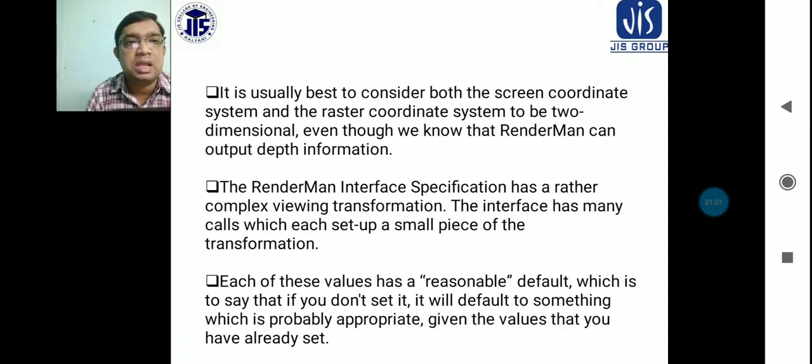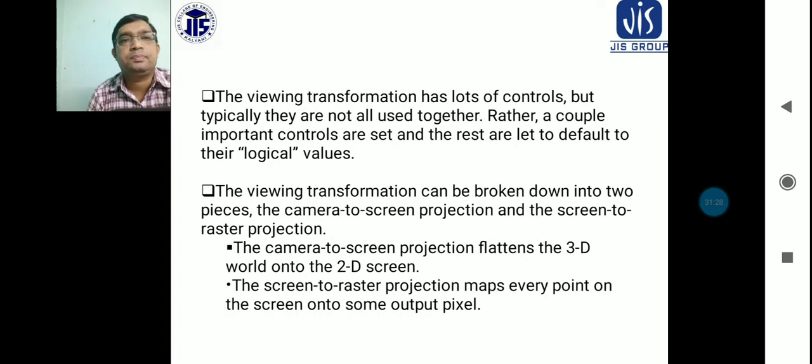The RenderMan interface specification has a rather complex viewing transformation. The interface has many calls, each setting small pieces of the transformation. Each of these values has a reasonable default, which is to say that if you don't set it, it will default to something probably appropriate given the values you have already set.